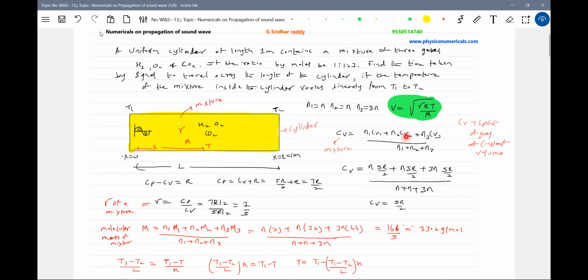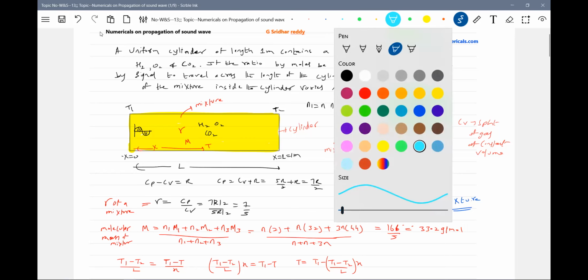Solving this, I'll get the CV of the mixture.